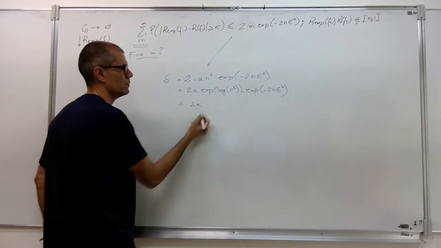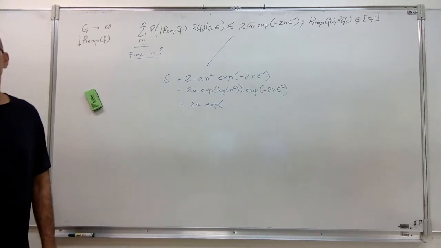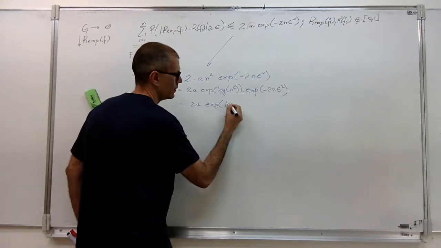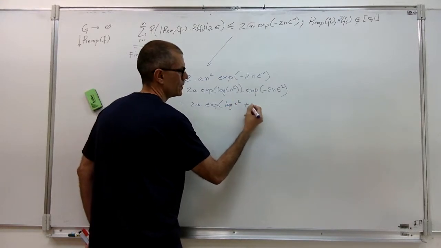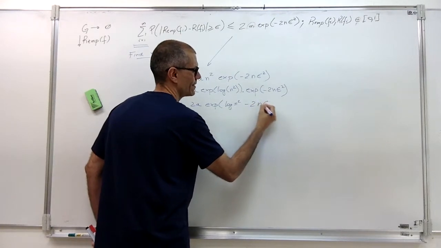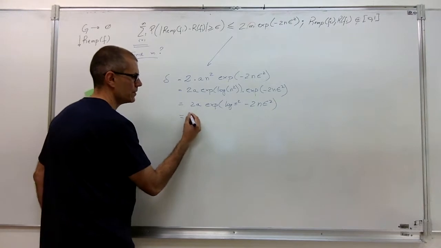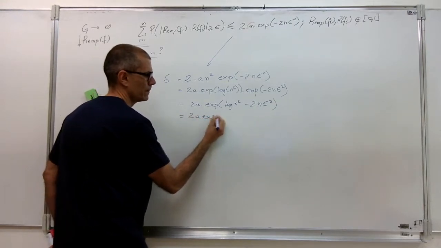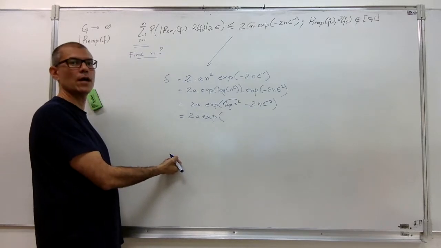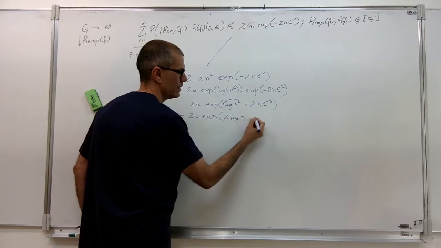That's going to be 2a times the exponential value of the sum, right? The sum of terms, so log n squared minus this guy. So in this situation, we have something like this, right? 2a exponential. This could be plugged in front of the log, right? That's a basic log property, right?